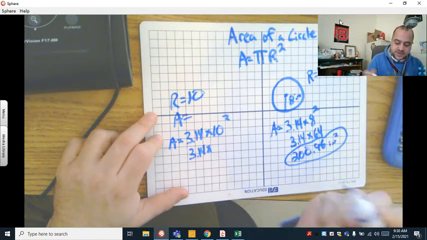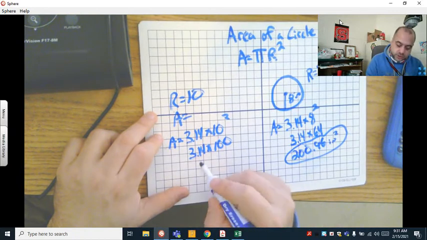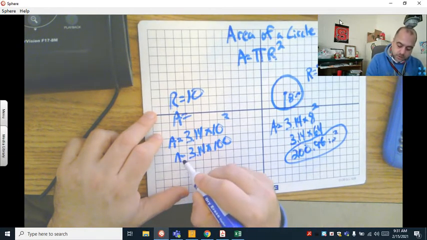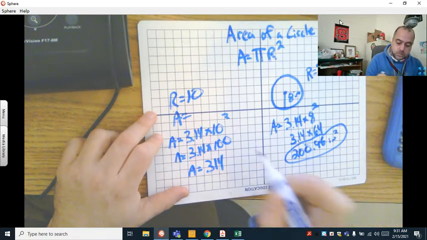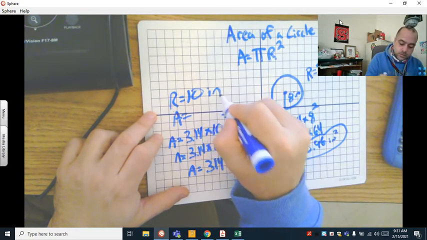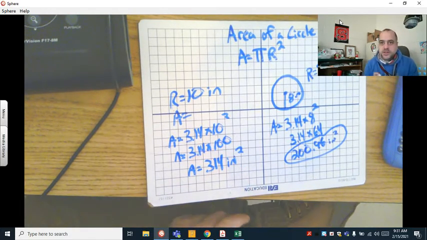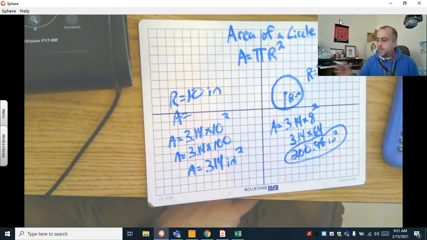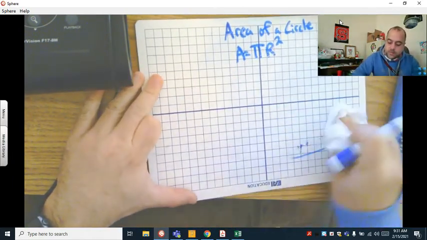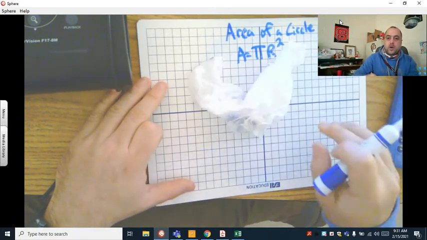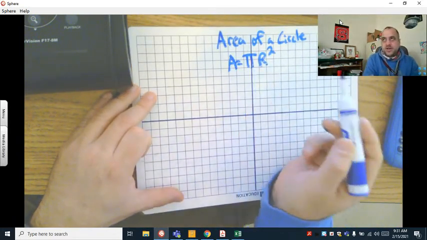What's 10 times 10? 100. 3.14 times 100 is 314 square inches. When you do area, it's always in square inches. Remember, we're just using pi r squared. For area, it's pi r squared. For circumference, it's pi times diameter.